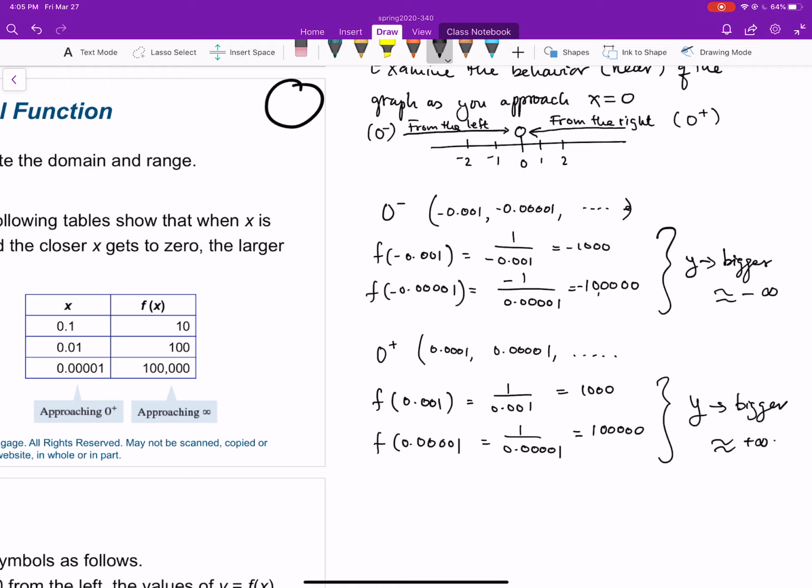So we are seeing that as x approaches 0 plus, y approaches positive infinity, and when x approaches 0 negative from the left, y approaches negative infinity.